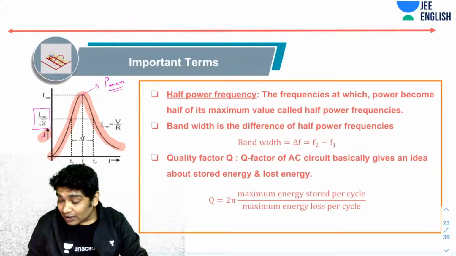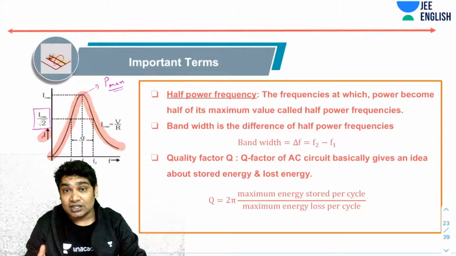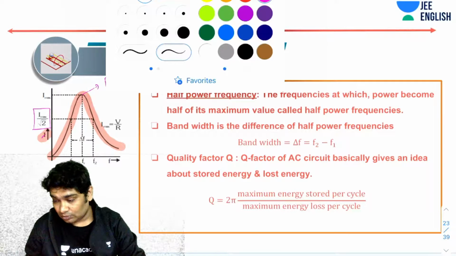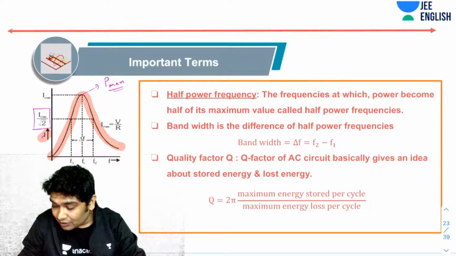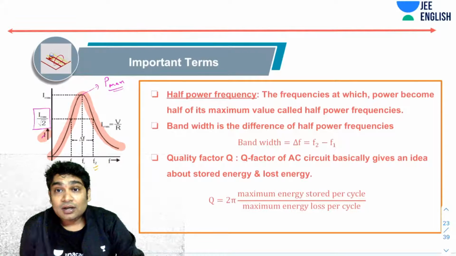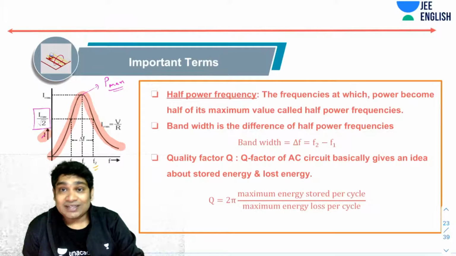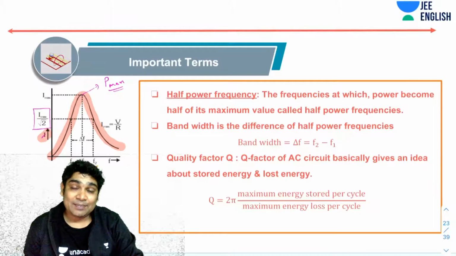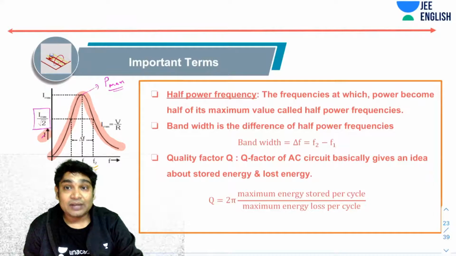Now you realize you would have had two frequencies for which the power dissipated would have been half the maximum, one on each side of the resonant frequency. These frequencies are called half power frequencies, because at these frequencies, the power dissipated is half of the maximum power.